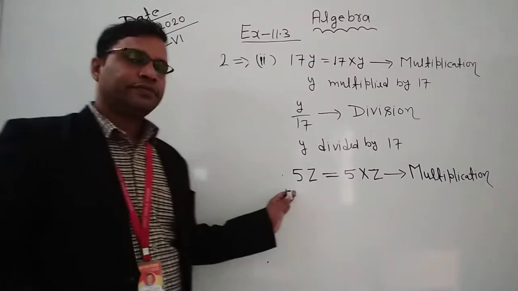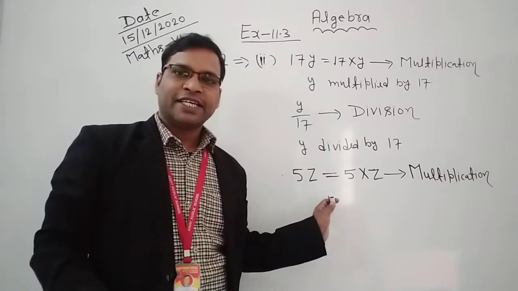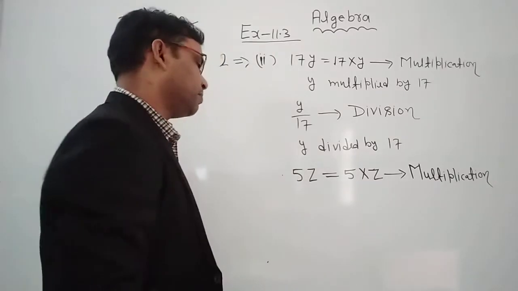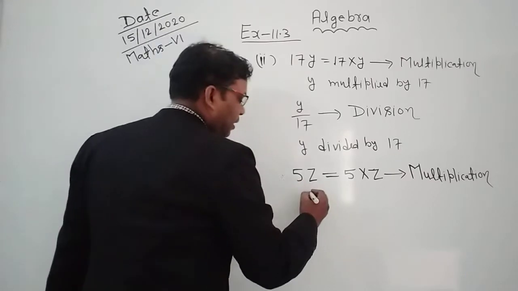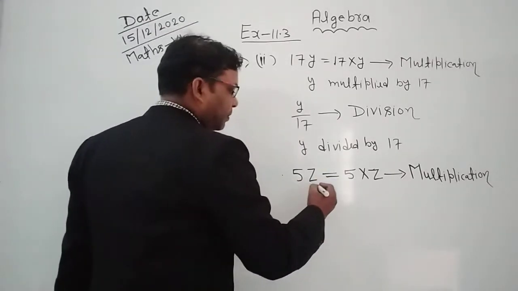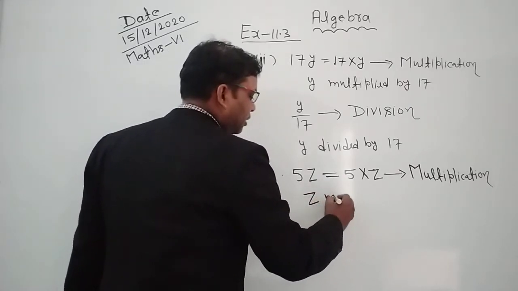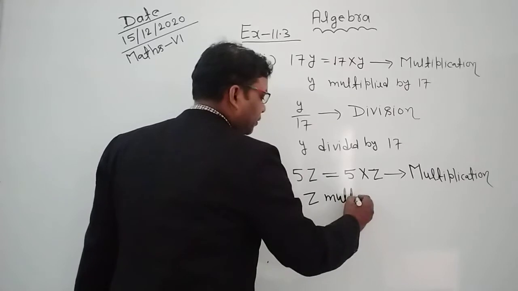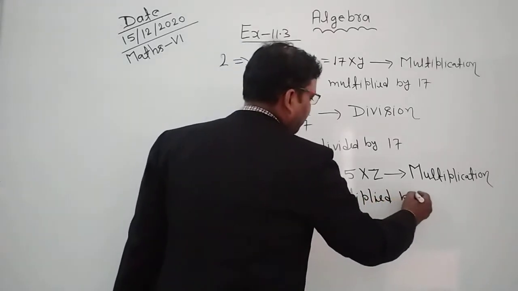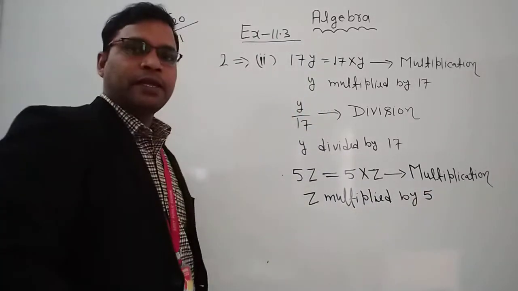And how has this expression been formed? You can say z multiplied by 5. This is right. For this answer we write z multiplied by 5.